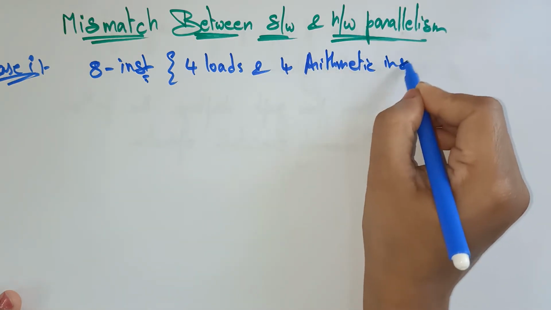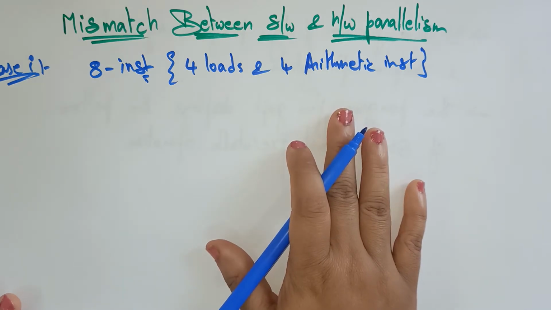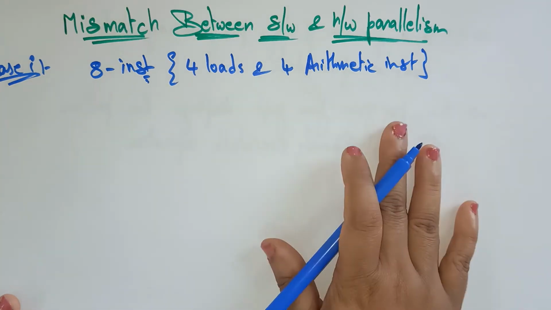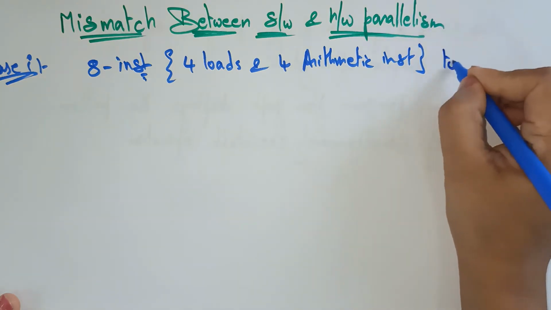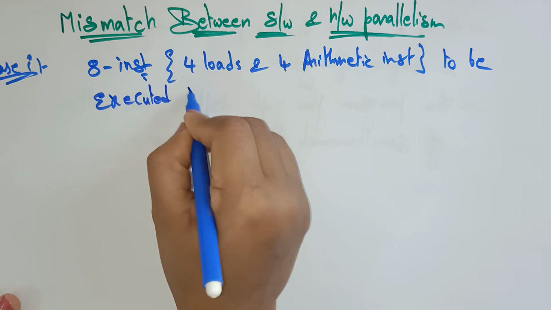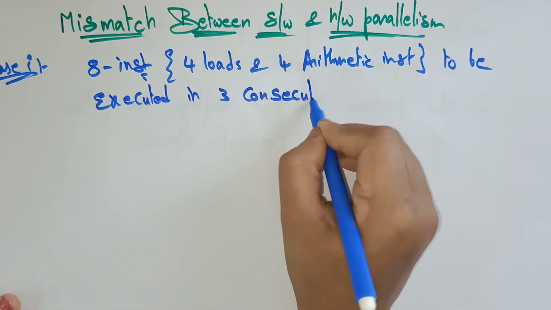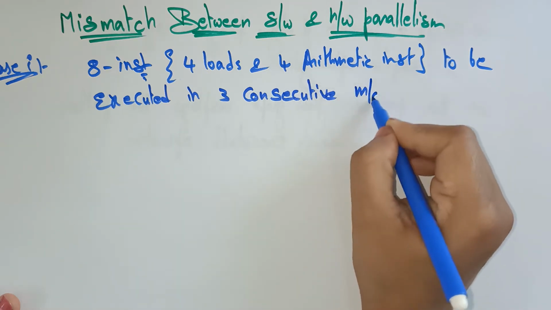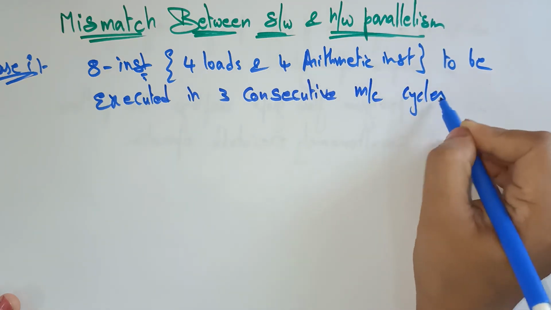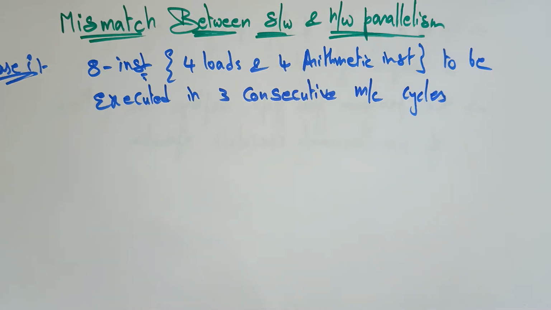So in total, 4 are load operations and the remaining 4 perform arithmetic operations. These 8 instructions are to be executed in 3 consecutive machine cycles. So my hardware is going to support that: 8 instructions to be executed in 3 consecutive machine cycles.